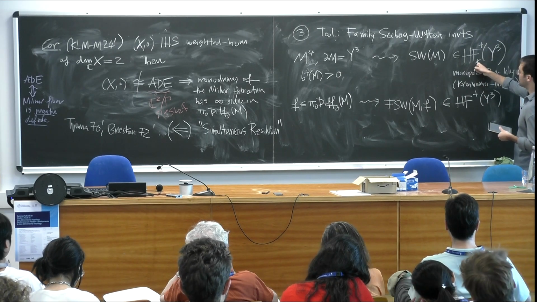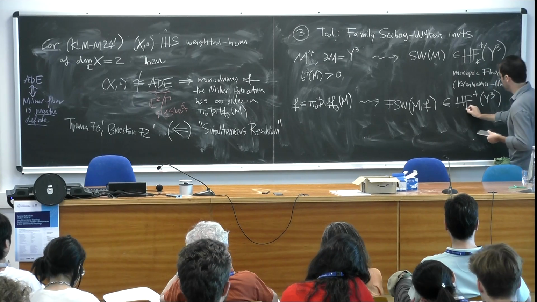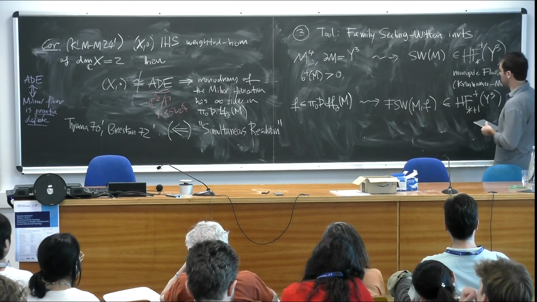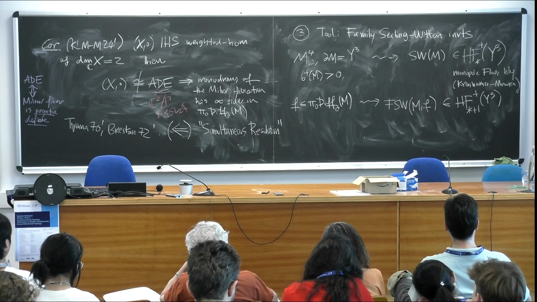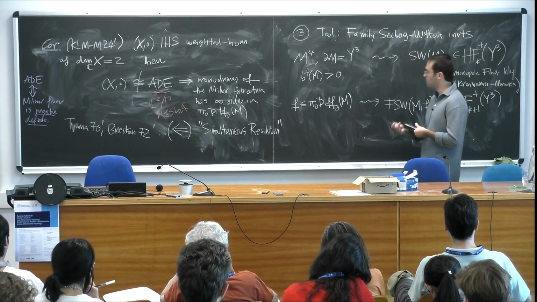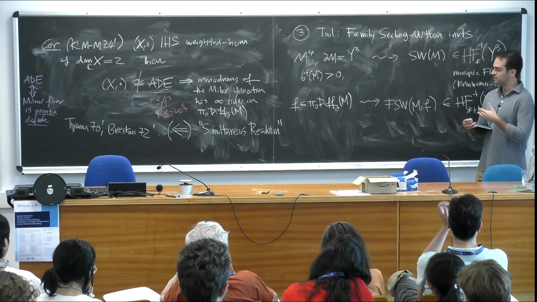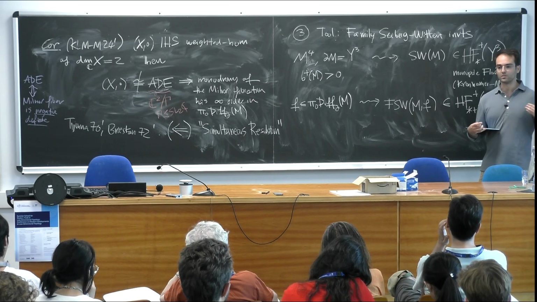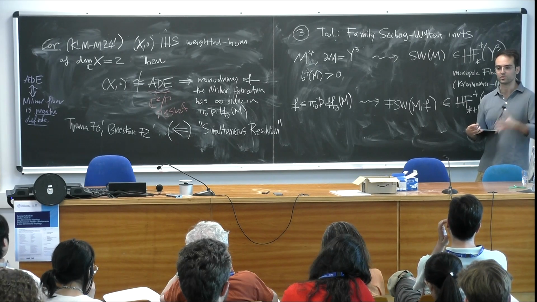If the ordinary invariant lives in a particular grading, then this will live in that grading plus 1. The idea is that you can think of a diffeomorphism as giving you a family of four-manifolds over a circle, just by taking the mapping torus construction.